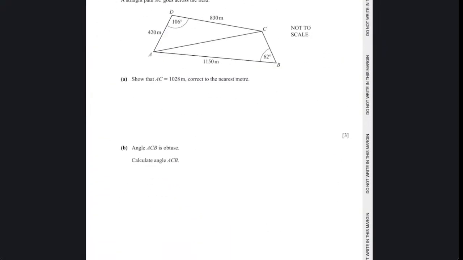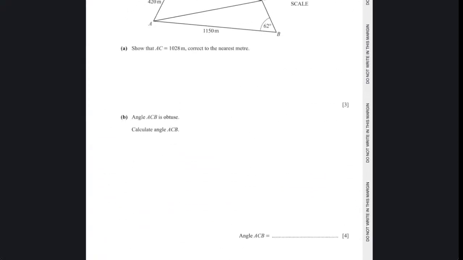Area of volume, nothing yet. Did they say area? Right. Calculate the cost of part of the field, triangle ACD.